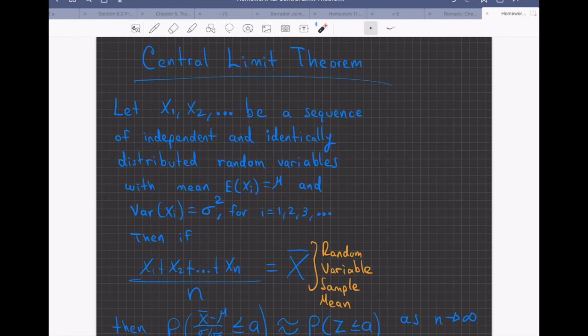The distribution is the same. For example, all of them are normal, or uniform, binomial, exponential, whatever. But the point is the same distribution with the same mean and the same variance.